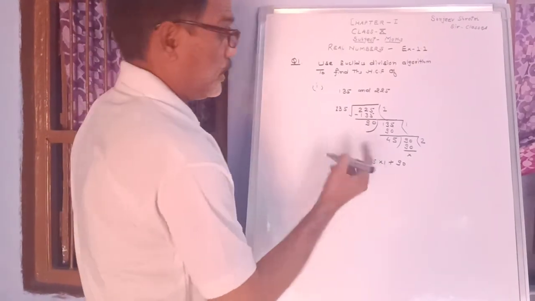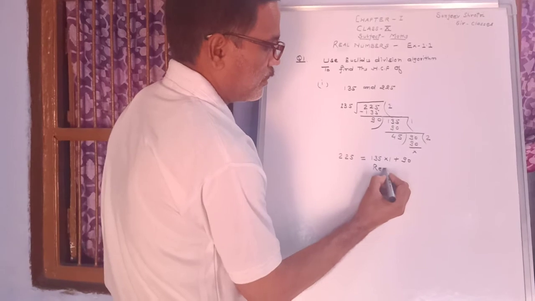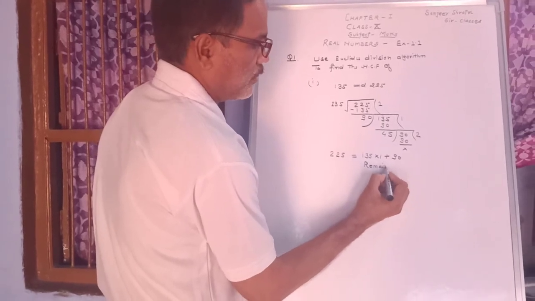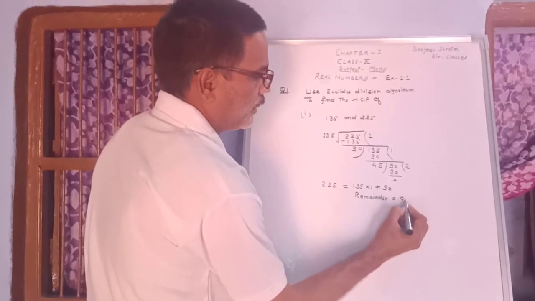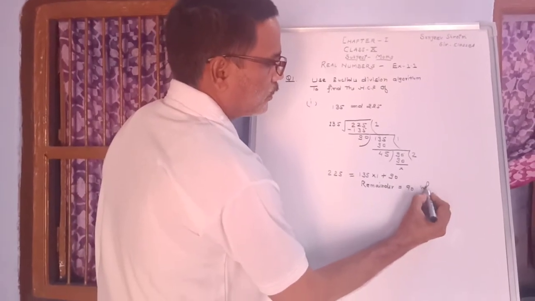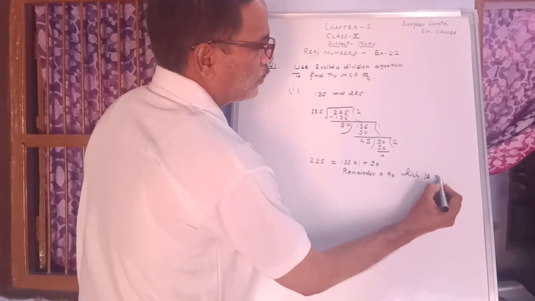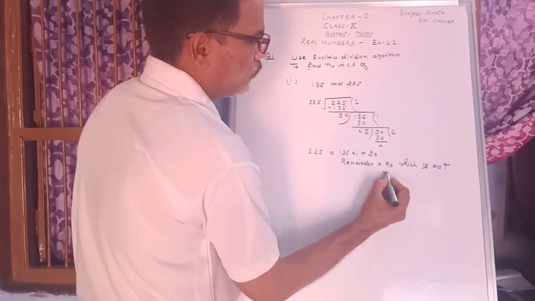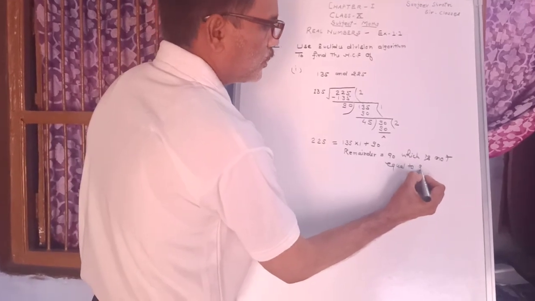Here the remainder is equal to 90, which is not equal to 0.